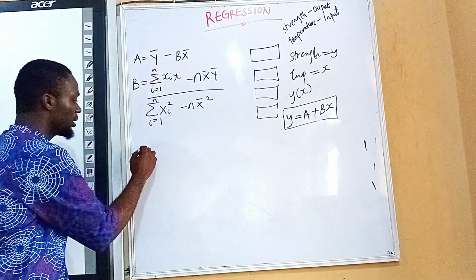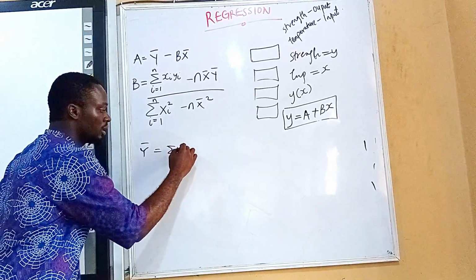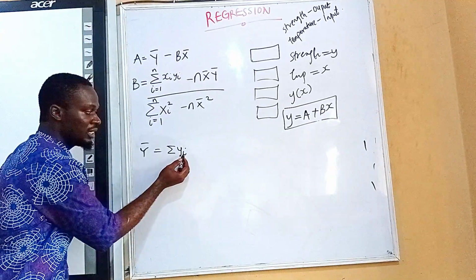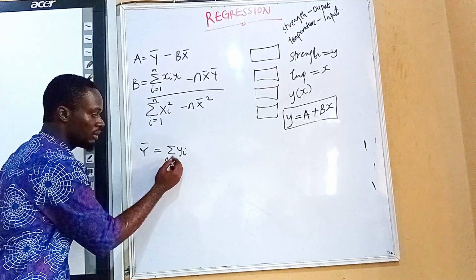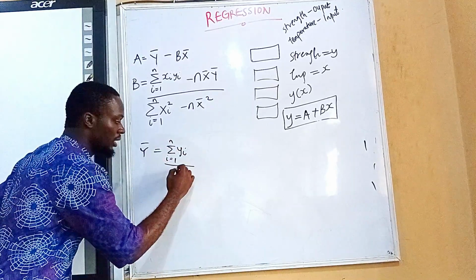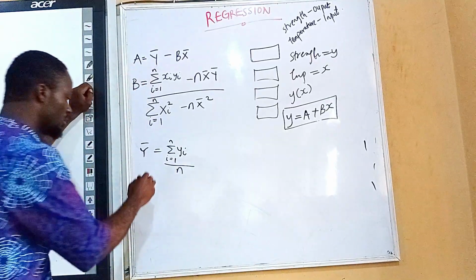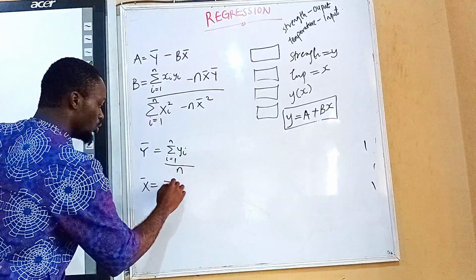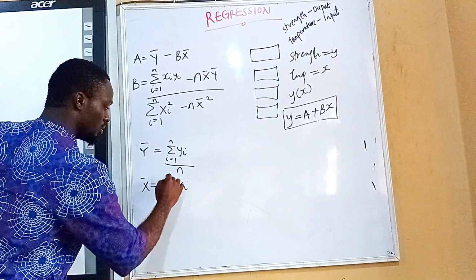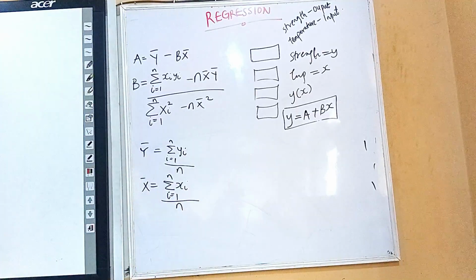So our y bar is equal to the summation of the different y's, and the value of y can range from i equal to 1 to n, all over n, gives you the mean value. The same thing goes for s bar, which you sum the entire s that you have, which can range from 1 to n, all over n, the total number of samples.